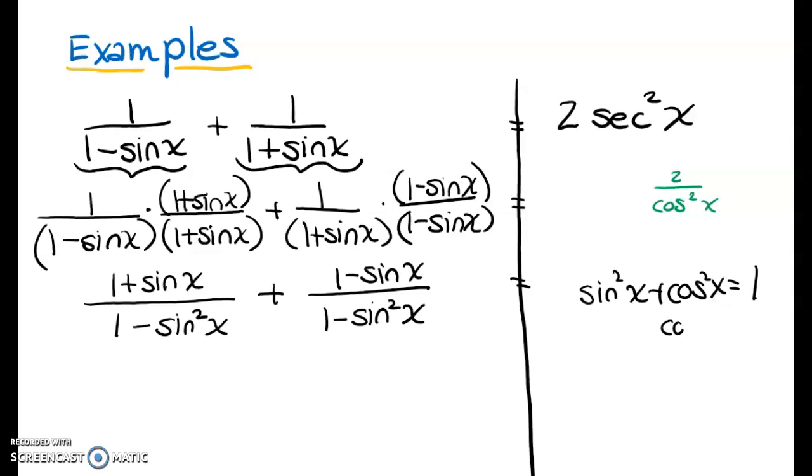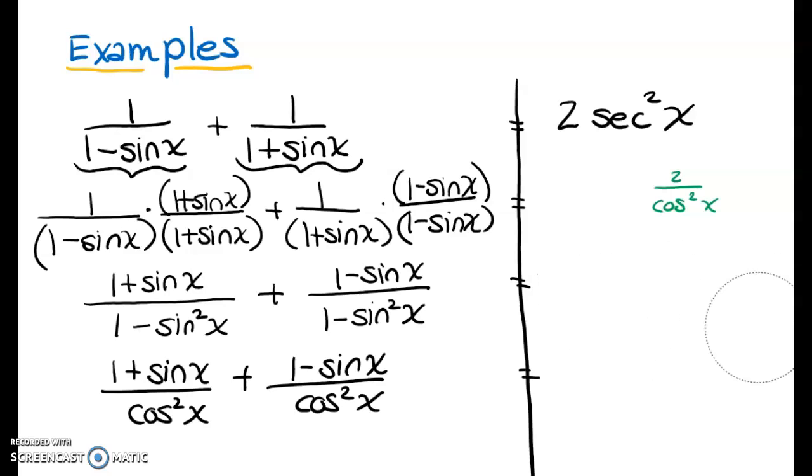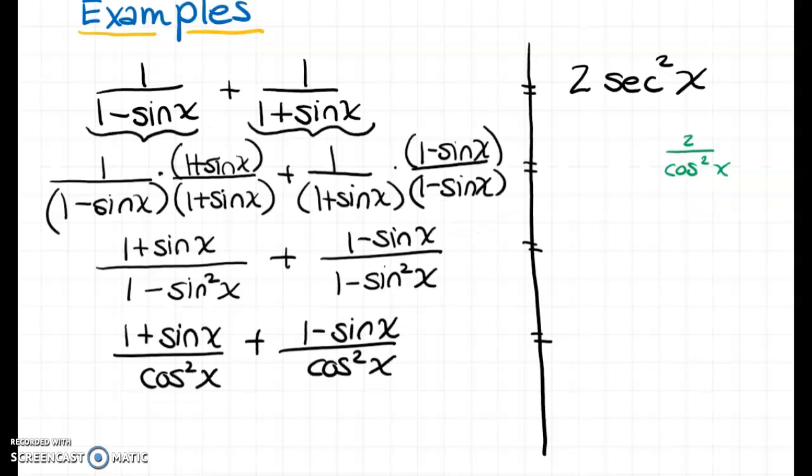If I subtract sine squared from both sides, 1 minus sine squared x is just cosine squared x. So that looks really good. I'm going to replace 1 minus sine squared x with cosine squared x. Let me erase that because we're not really supposed to have anything on that side.